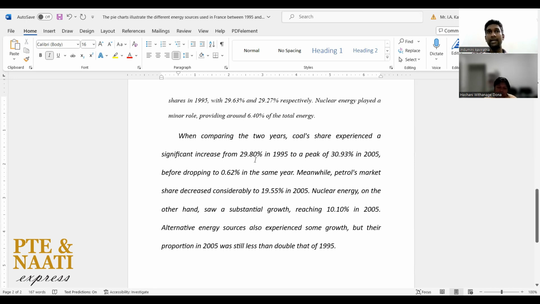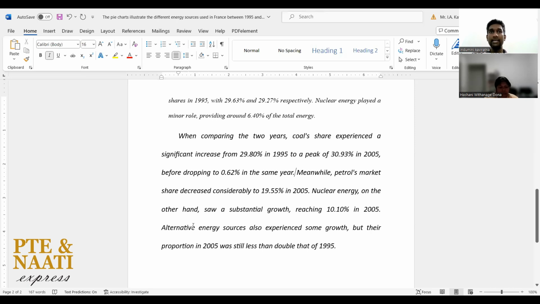Significant increase from 29.83 in 1995 to a peak of 30.93 in 2005, before dropping to 0.62 in the same. Meanwhile, petrol's market share decreased considerably to 19.55 in 2005.